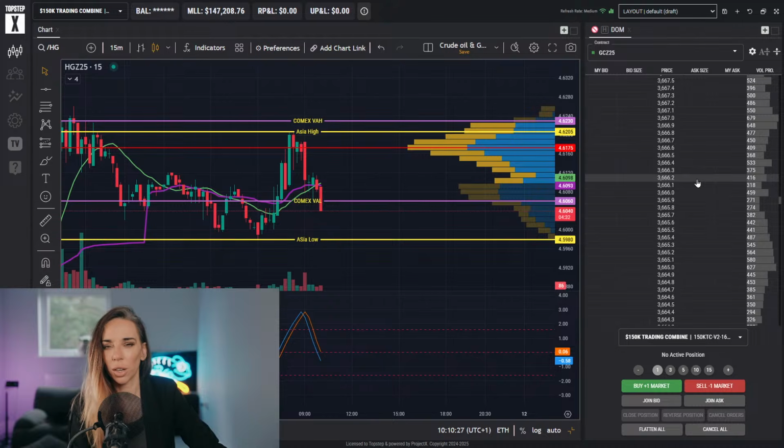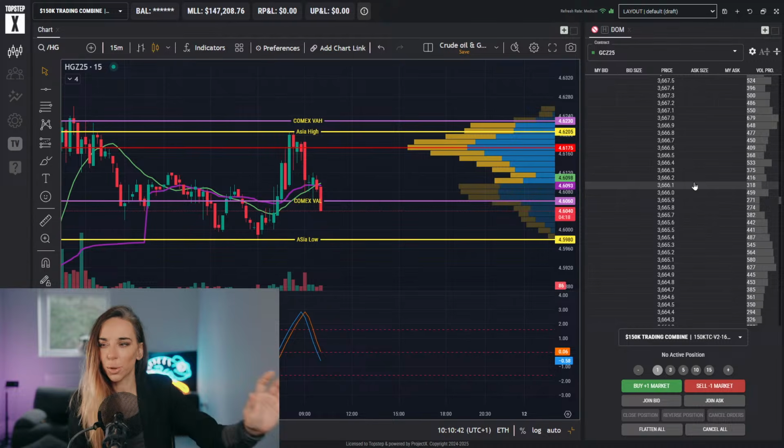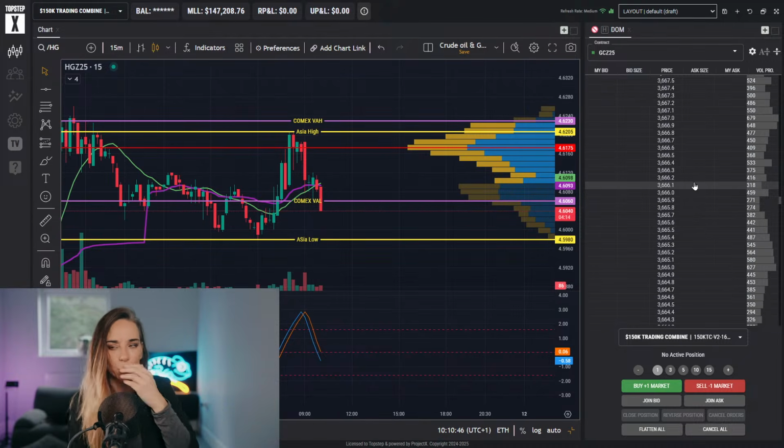I remember at one point even T4 was charging $500 per month to subscribe to the market profile, and it wasn't a very good one. It was always in a different screen, and you couldn't overlay it over the candlesticks, so I had to keep scanning.